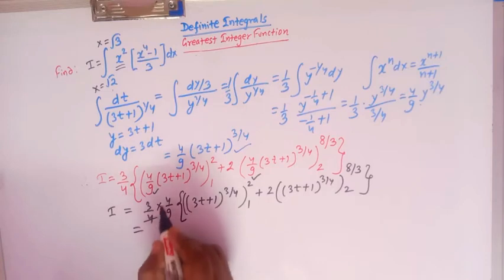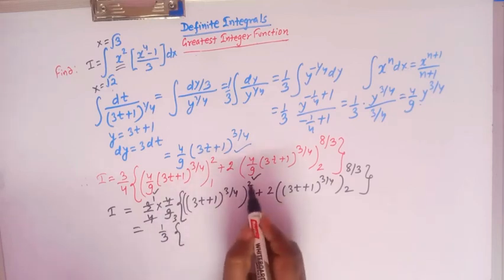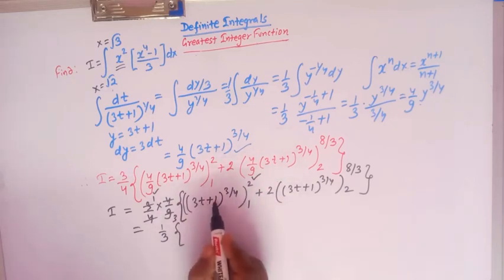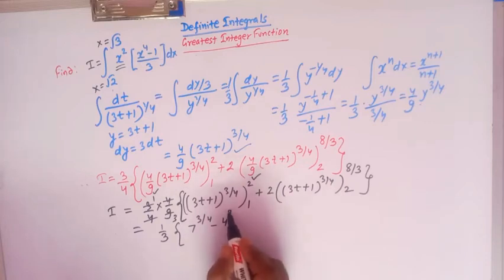So now this 4 and 4 get cancelled, 3 ones are 3, 3 3s are 9, so we have 1 over 3. And now let us substitute the value of t is equal to 2 here. 3 2s are 6 plus 1 is 7, so we have 7 raised to 3 over 4 minus, when t is 1, 3 ones are 3 plus 1 is 4, so we have 4 raised to 3 over 4, right?